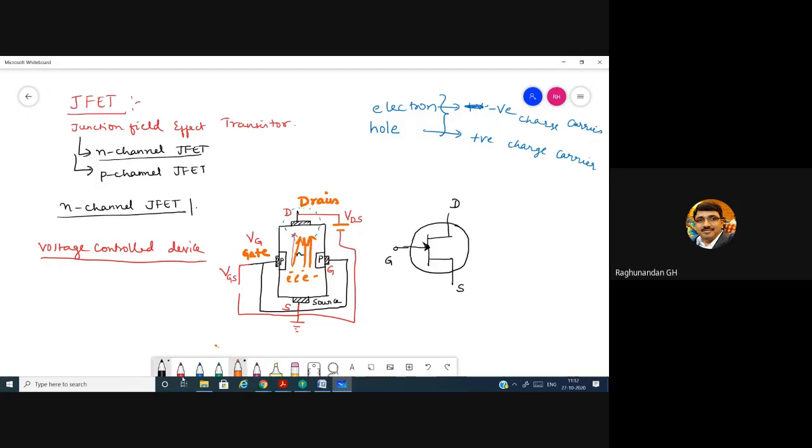So when I keep on increasing the drain voltage, more and more charges will get attracted, and I'll be getting more drain current.